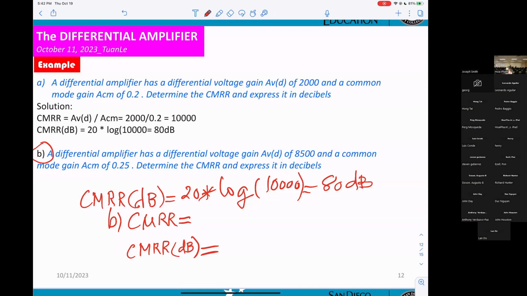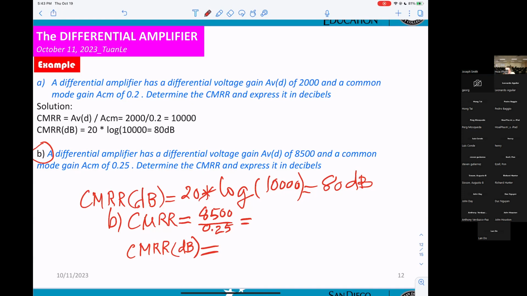So 8500 divided by 0.25. Let's see. Is it 34?